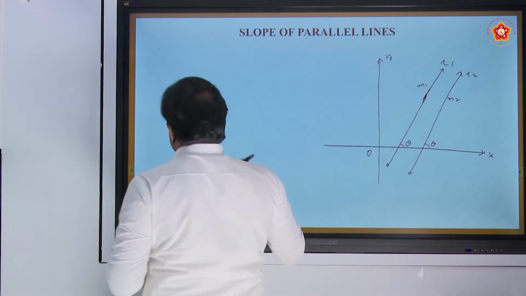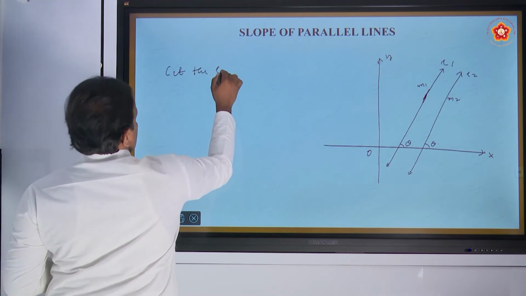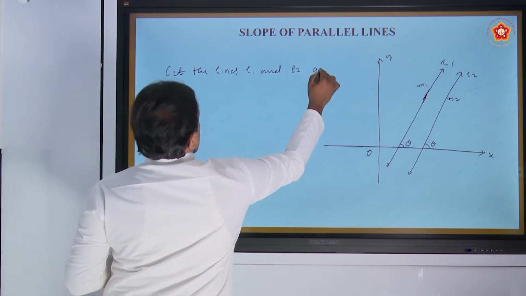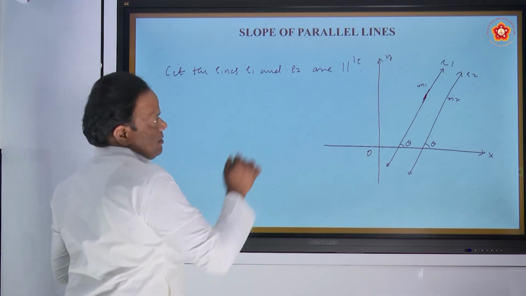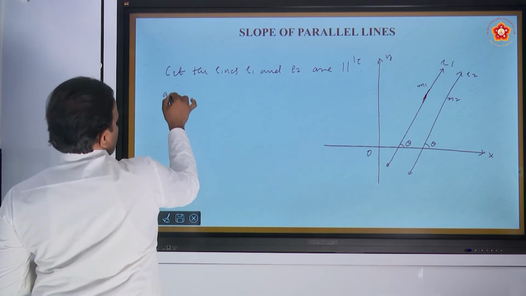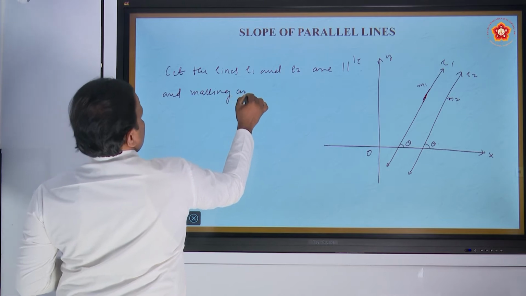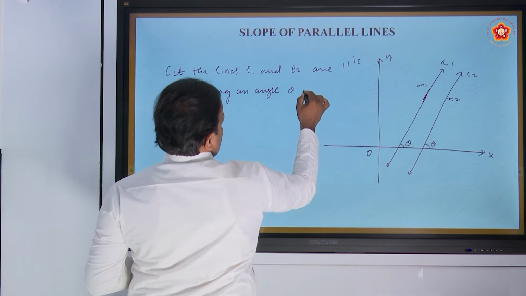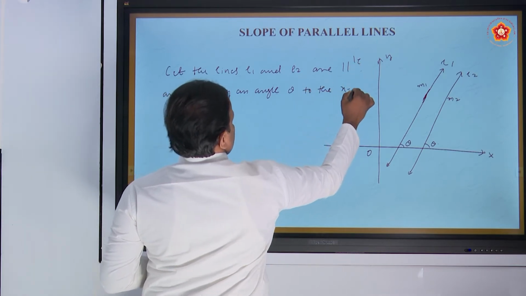So see here, let the lines L1 and L2 be parallel. This is the symbol of parallel, correct? L1 and L2 are parallel and make an angle theta to the x-axis.